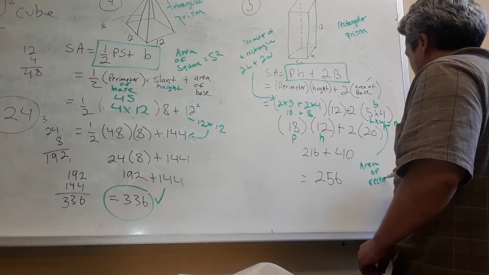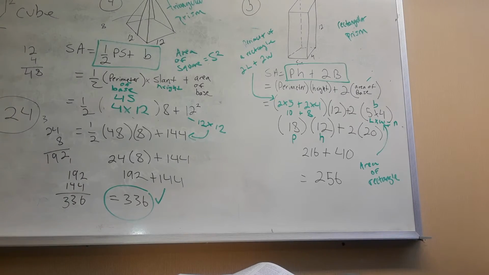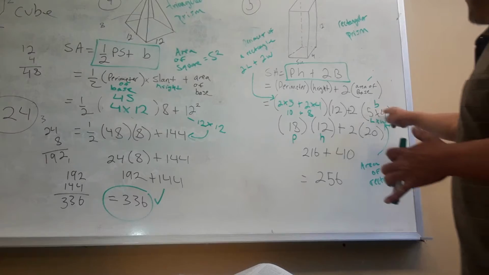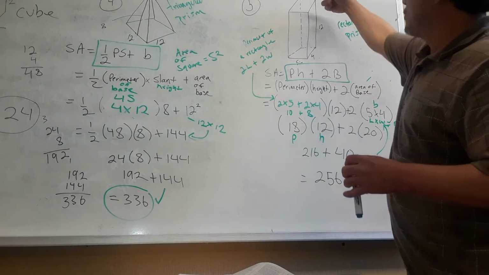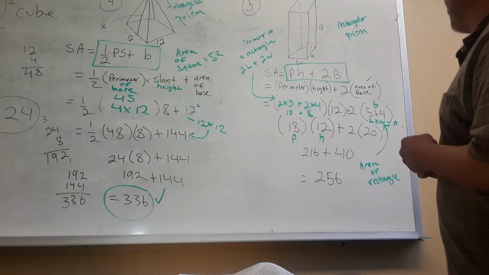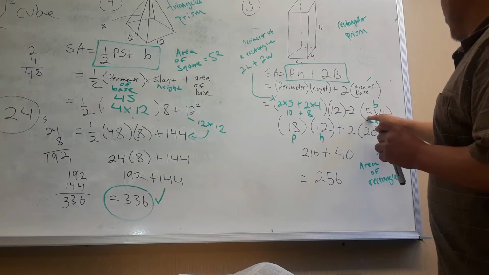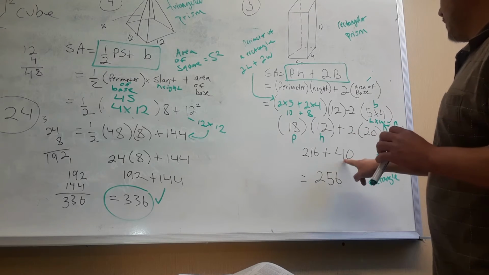So now you see where I got my numbers. 5 times 4 is length times width of the rectangle, 2 times because there are 2 bases. So 5 times 4 is 20. 2 times 20 is 40.